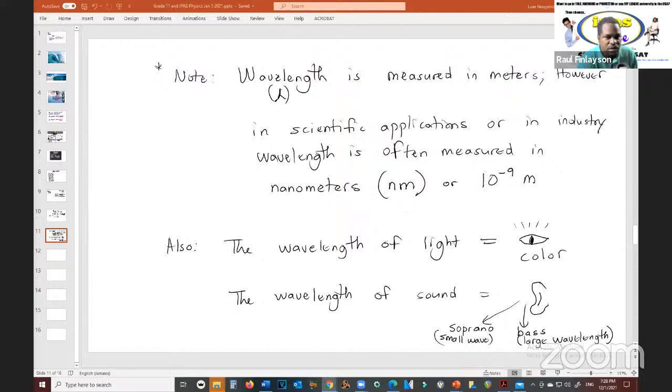The change in the wavelength is what's used to describe the sound.